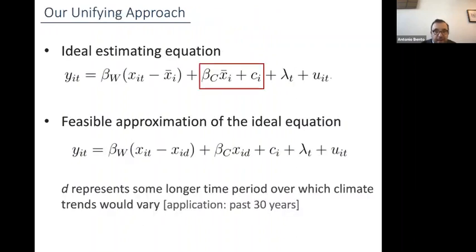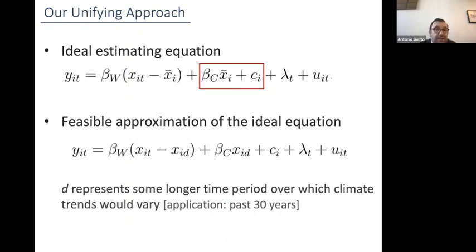And so in an ideal world, what we would like to do instead, if we could, would be to think about how you could get both the unexpected shocks and long-term trends estimated off the same equation. And so here, the ideal equation would just, in fact, be the sum of the previous two.